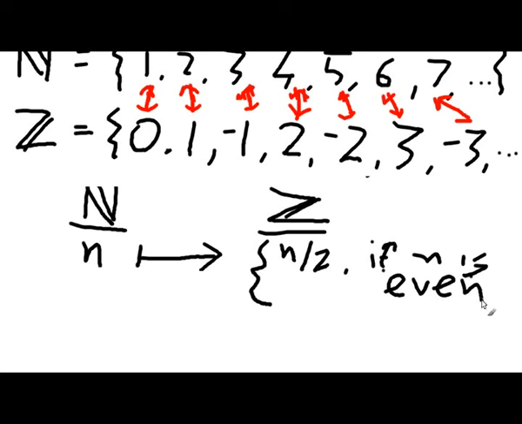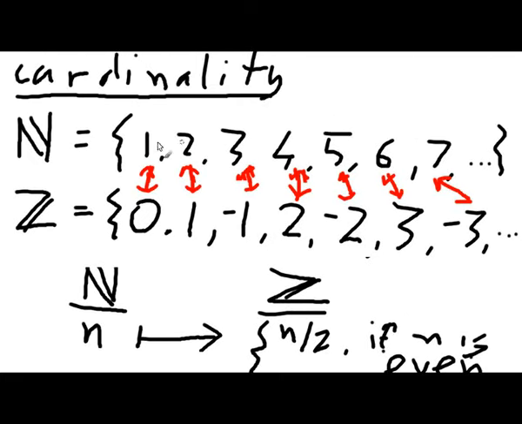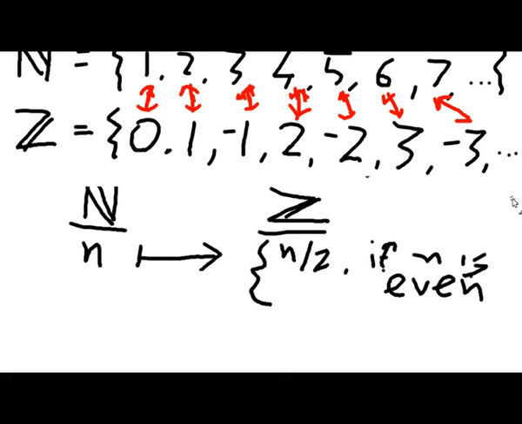Right? What if n is odd? Well, 1 pairs up with 0, 3 pairs up with -1, 5 pairs up with -2, and so on. So if you think over it a little bit, the answer is actually n minus 1 by 2 and the whole negative of that, and that's if n is odd.